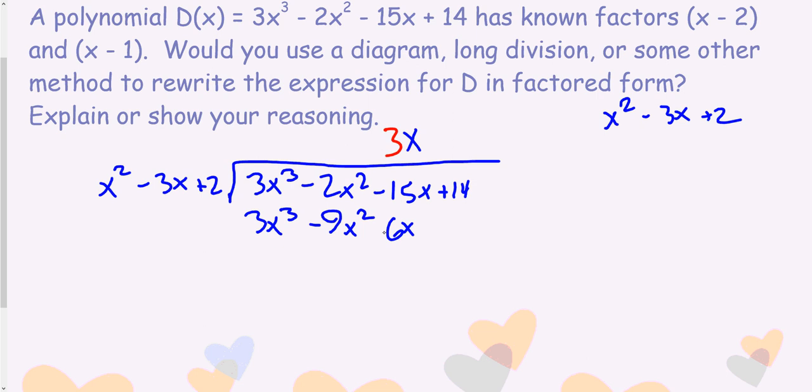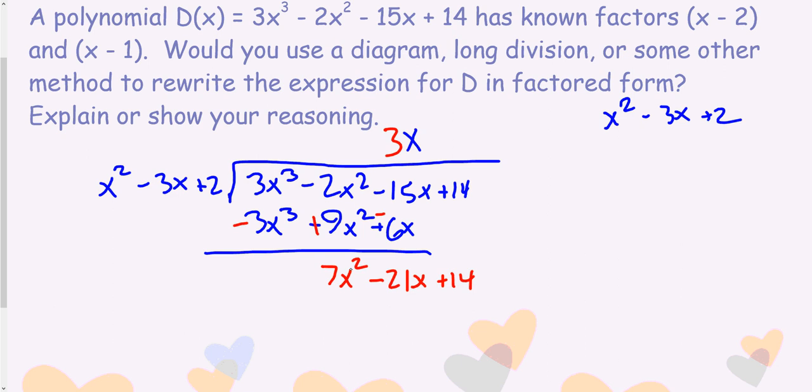Now we change the signs and add. Those are going to cancel. Negative 2 plus 9 is 7x squared. Negative 15x plus negative 6 is minus 21x plus 14.